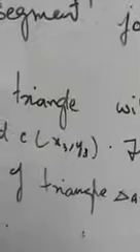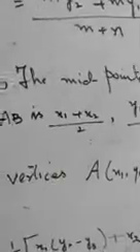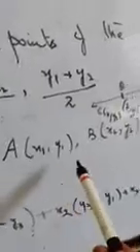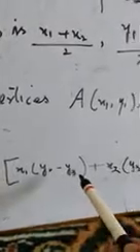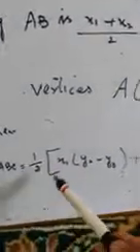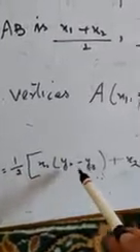By this formula and that formula we can find the area of a triangle. Now, how can we find the area of a triangle in coordinate geometry? The area of the triangle with the vertices: if you have 3 vertices A, B and C with coordinate points x1, y1, x2, y2 and x3, y3, how will we find the area? It is 1/2 of x1 into y2 minus y3 plus x2 into y3 minus y1 plus x3 into y1 minus y2.